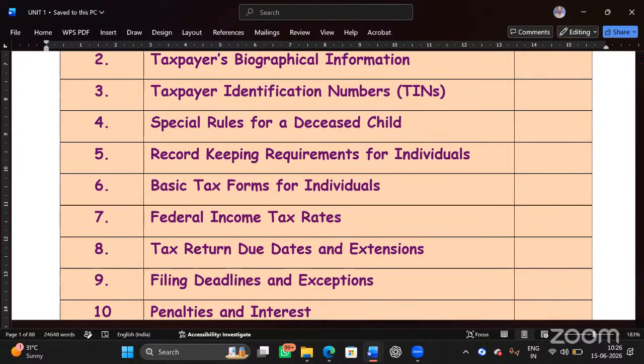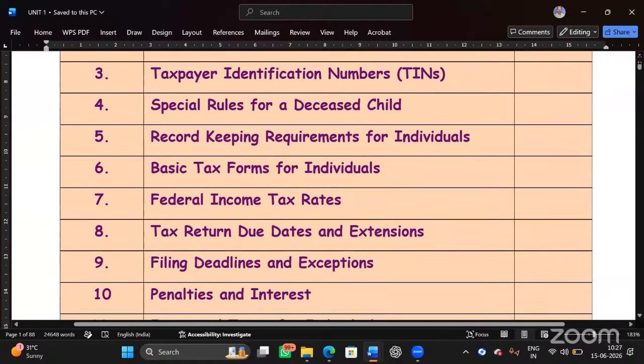Sometimes a baby is born in the year but does not survive, dying in the same year. In that case, the Act still supports him in claiming the dependent. What additional rules are to be satisfied by the taxpayer is clearly given in special rules for a deceased child.